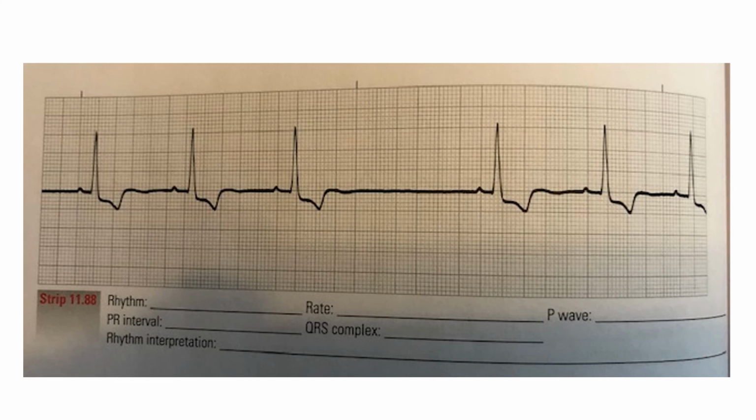So your rhythm interpretation is that you have a sinus Brady because your heart rate's less than 60. Now you have this pause. With this pause, we do always want to measure a pause.